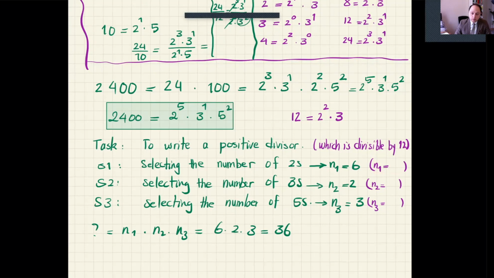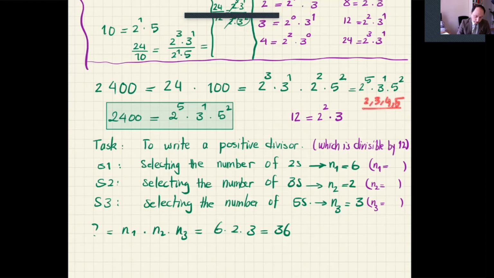We can have 2, 3, and 5, so I would say 3, not 4. Is that understandable? Because the minimum number of 2s that I can choose is 2. I cannot choose lower than 2. So I can choose this power to be 2, 3, or 4, and 5. Thank you. So this is 4.